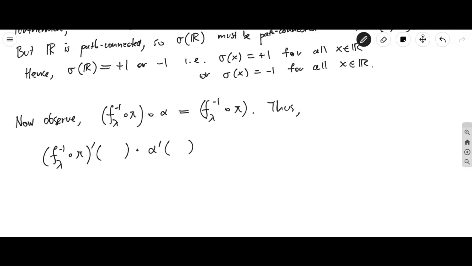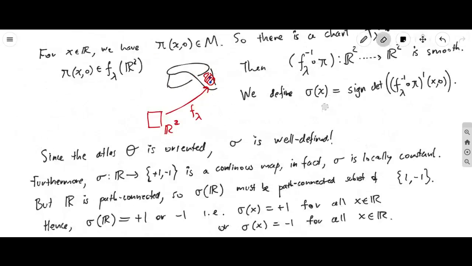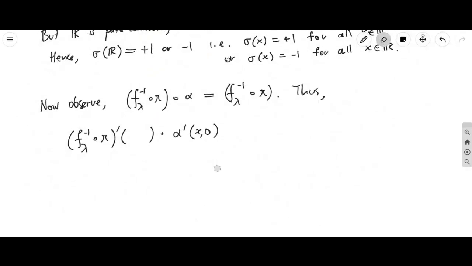Let's take the derivative at our point x, at x comma 0. So we take a derivative at that point.